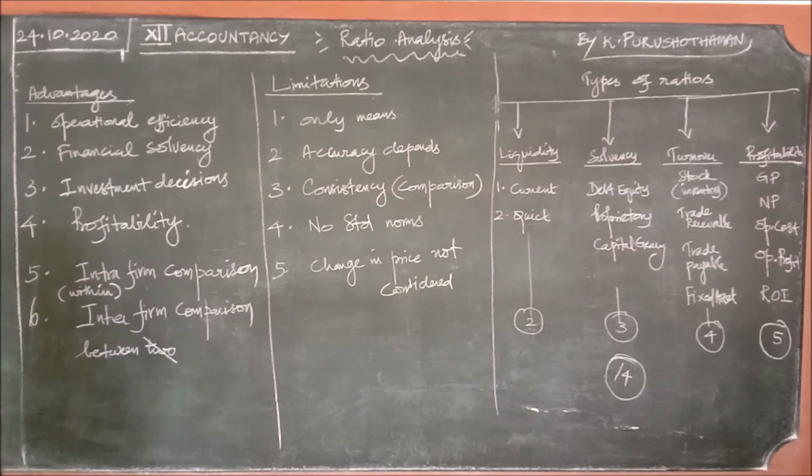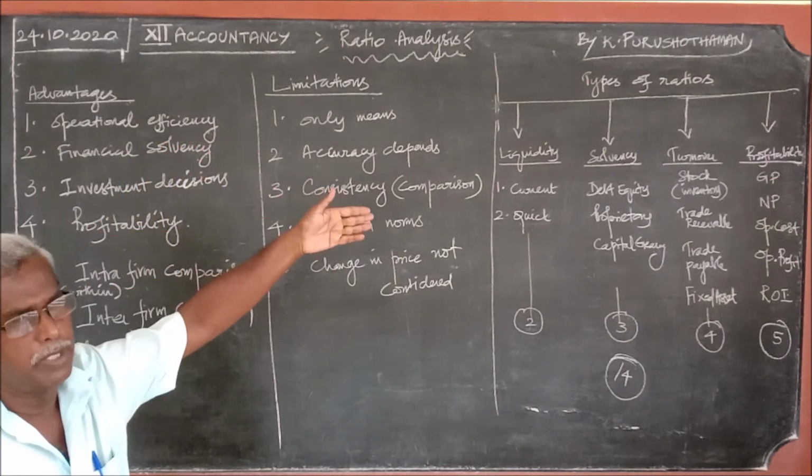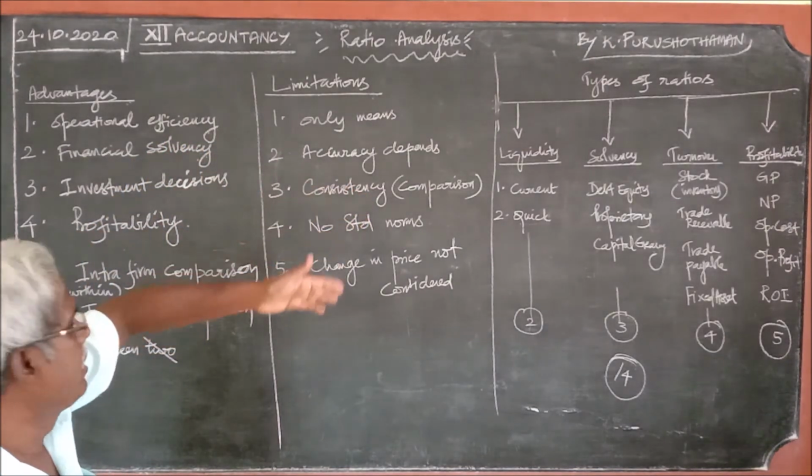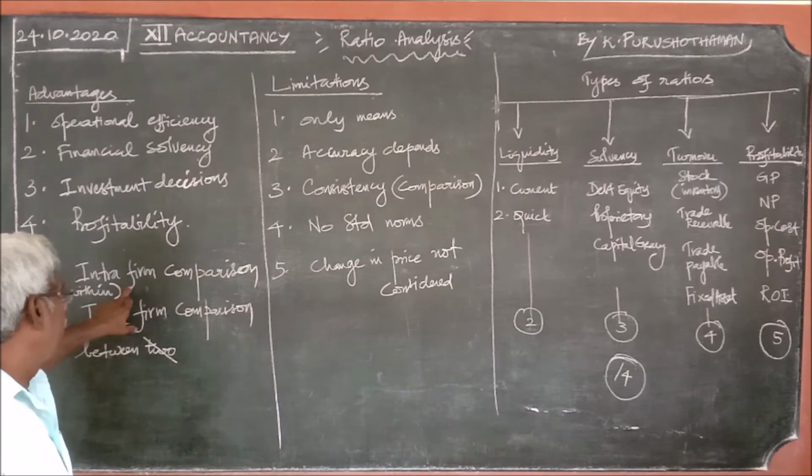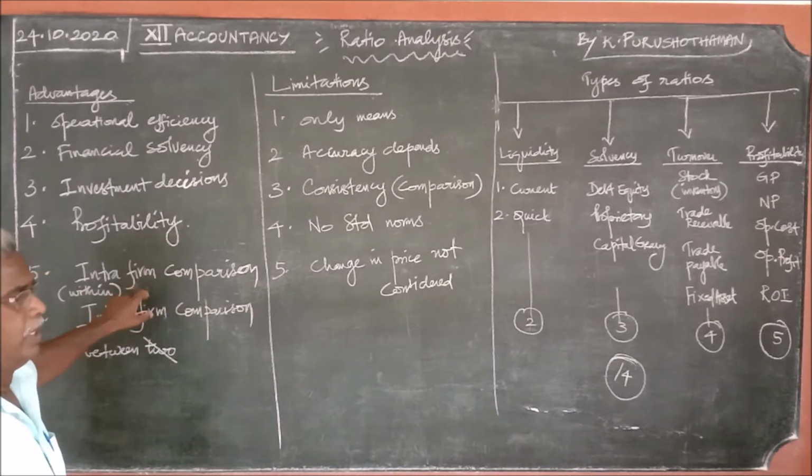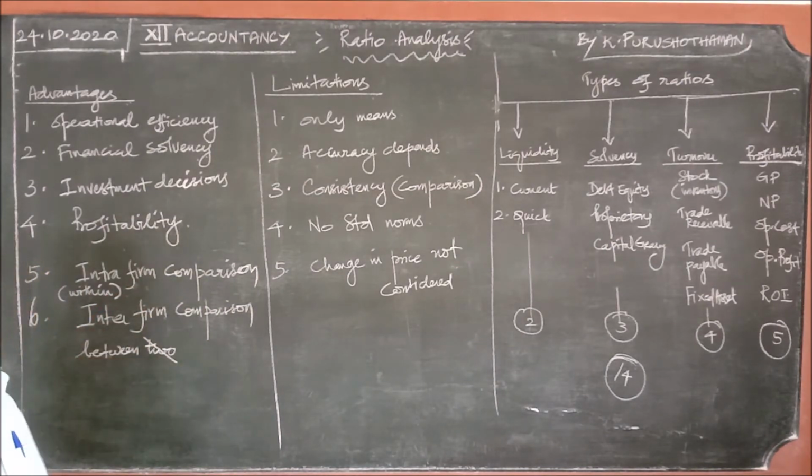And for comparing the performances of any 2 wings of the business or any 2 departments of the business, these ratios are very much useful, and that is why this is an important advantage of intra-firm comparison. What about the inter-firm comparison? A businessman can run one textile industry in Coimbatore, other industry may be in Tirupur.